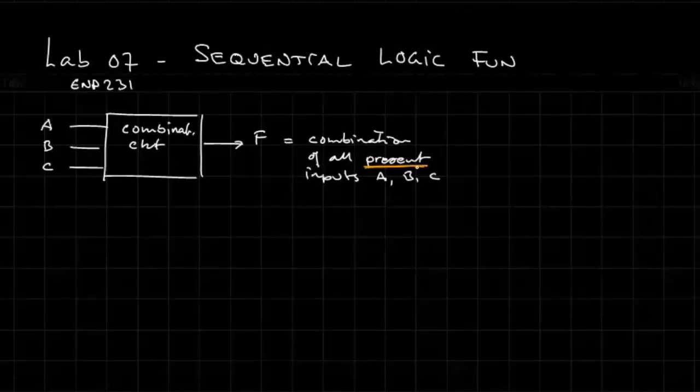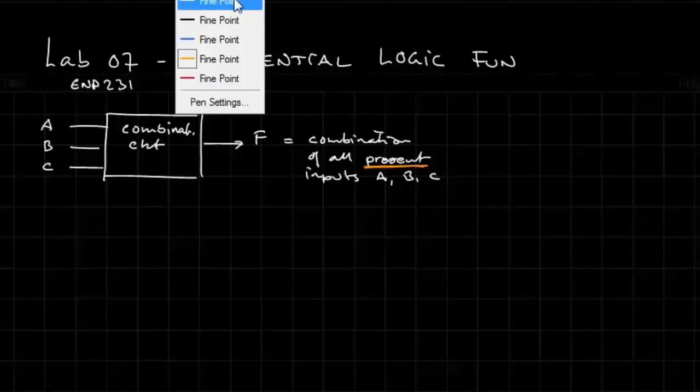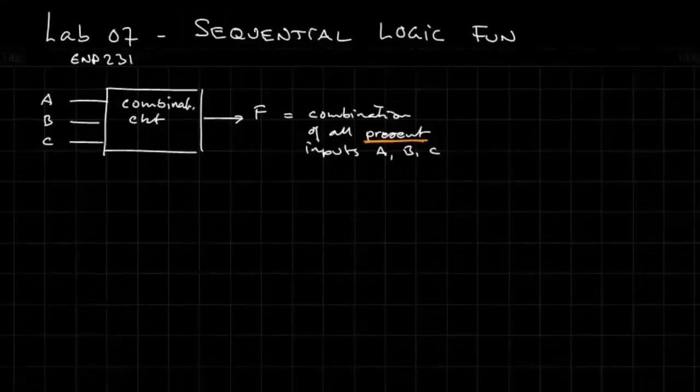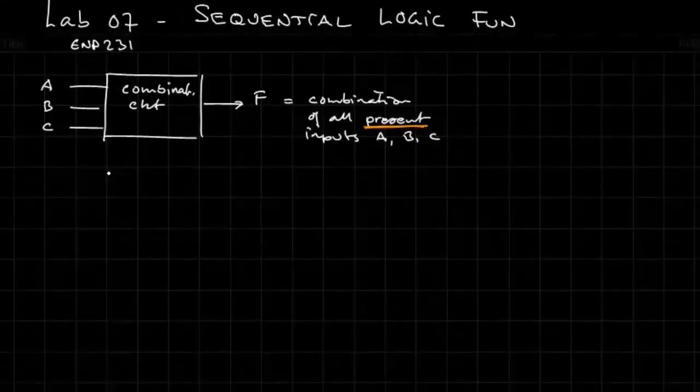F depends only on the instantaneous, current, or present inputs A, B, and C. That is fundamental to combinational logic, and it is also what distinguishes it from sequential logic.